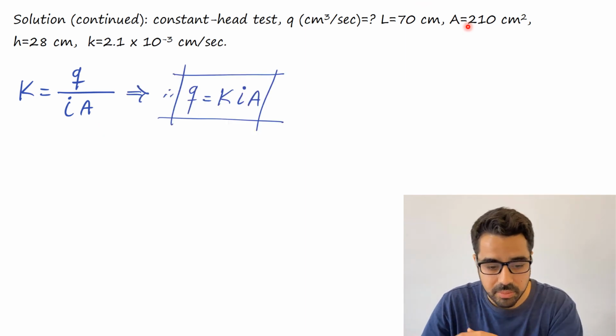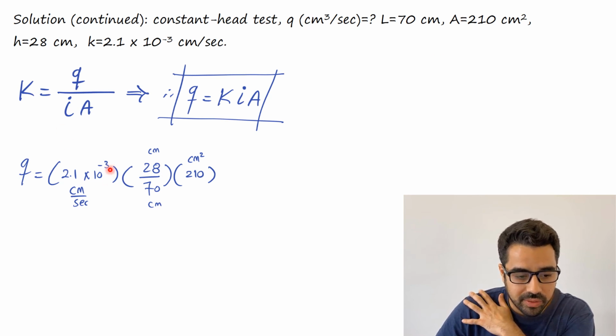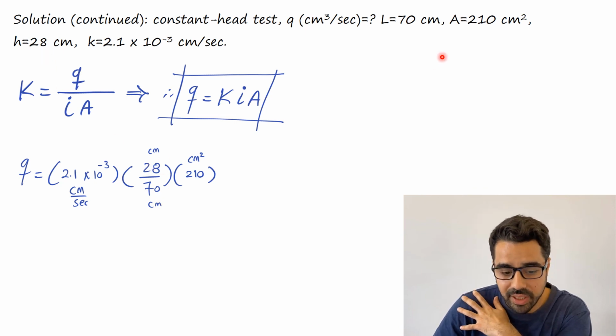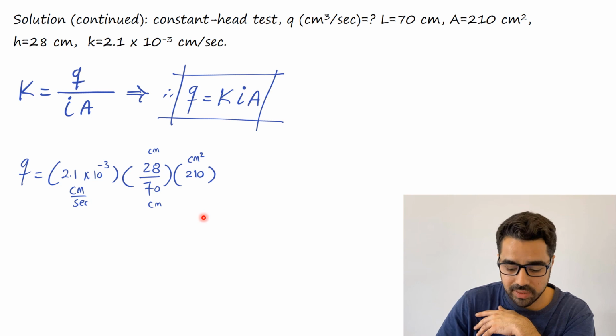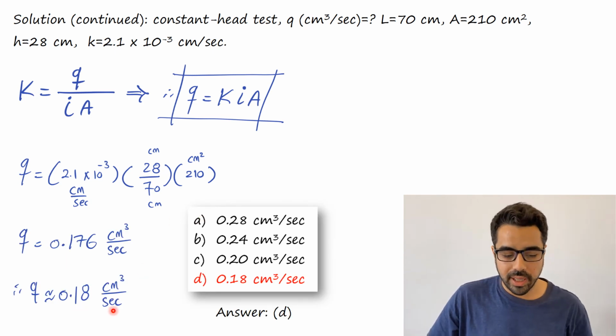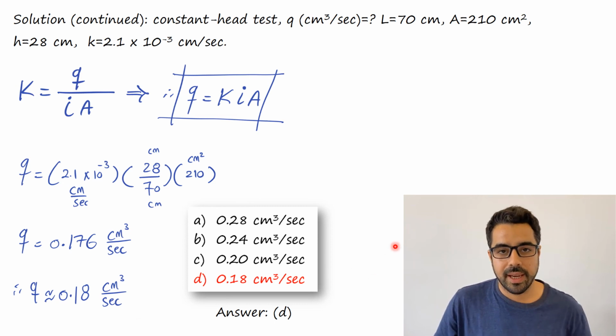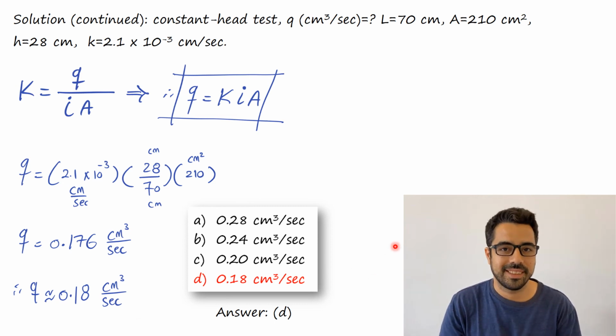So this is going to be the equation: 2.1 times 10 to the power minus 3, this is the K, times 28 over 70, which is H over L, and 210 is the area, and that's going to give us almost 0.18 cubic centimeter per second. So it's option D. With that, thank you very much, and see you next time.